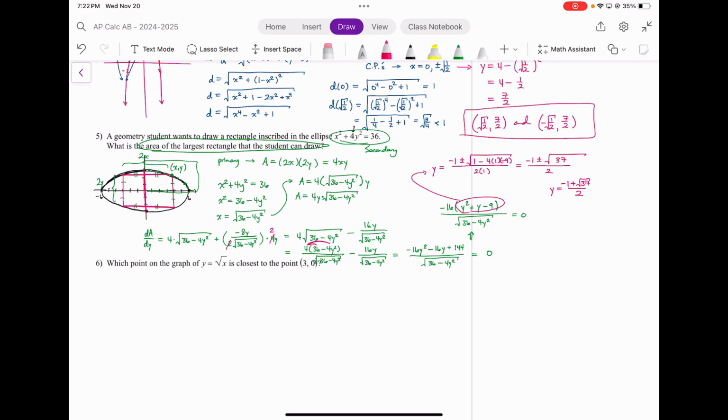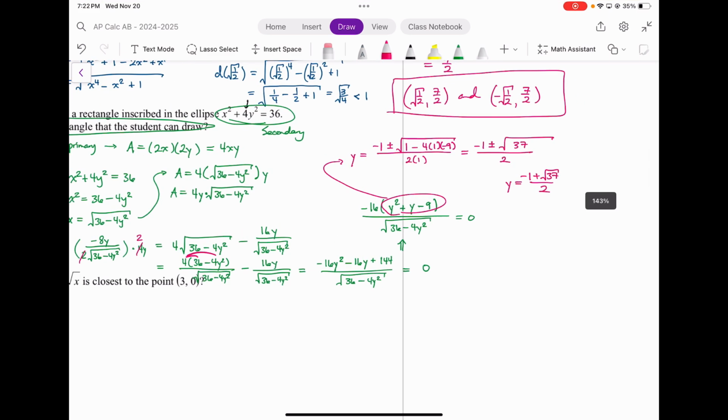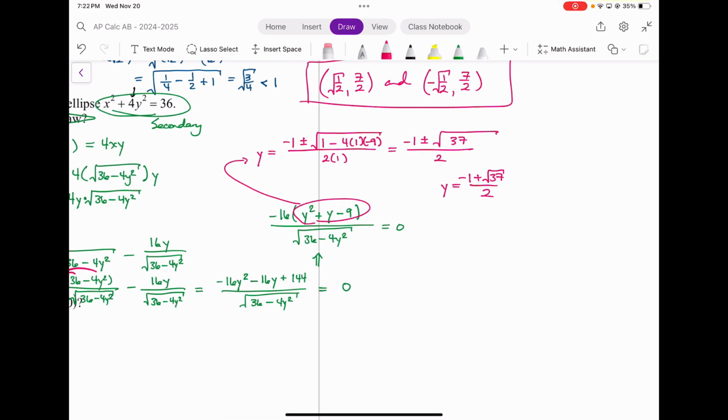Can't leave this problem unfinished, so I'm going to take my y value and plug it into my ellipse formula to get the x value. So I'll make a little barrier here. x squared plus 4 times y squared equals 36.